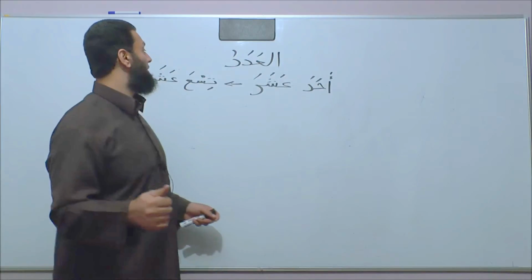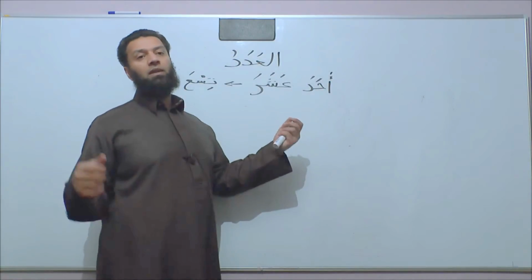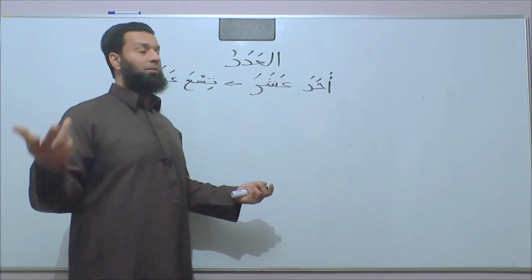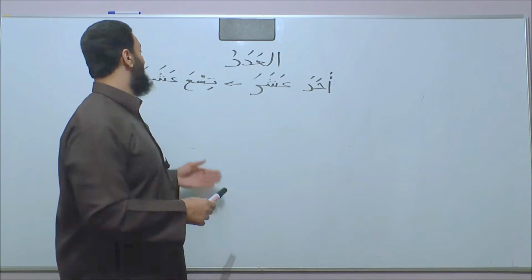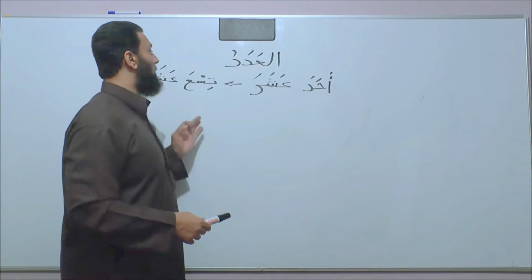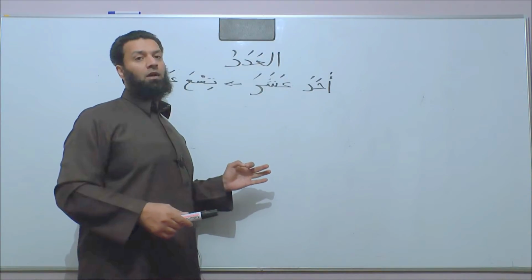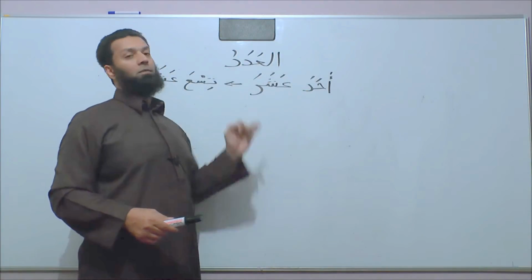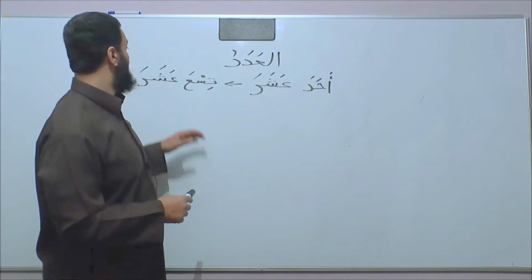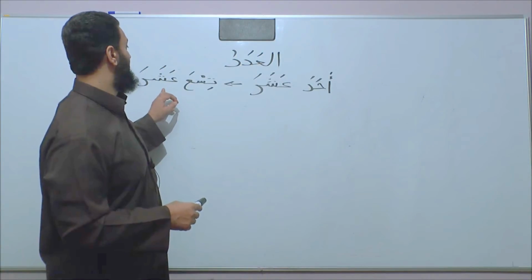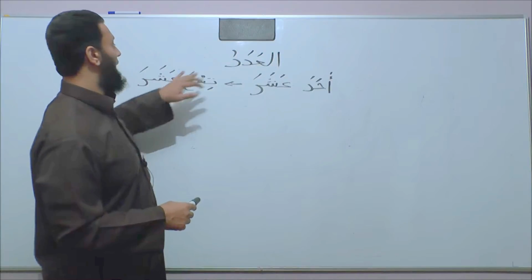It comprises of two, what we call ismun, so asmani, two nouns. As you can see, both of them are mansubun, they end with a fatha, right? And they are fixed.